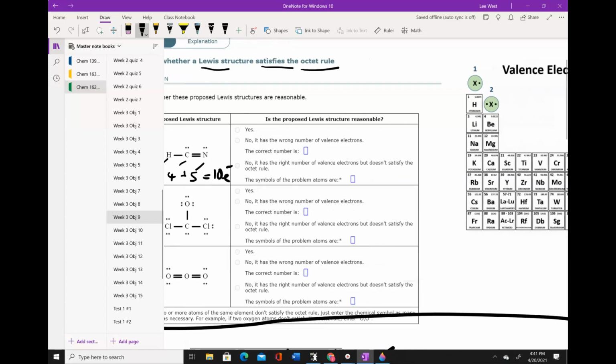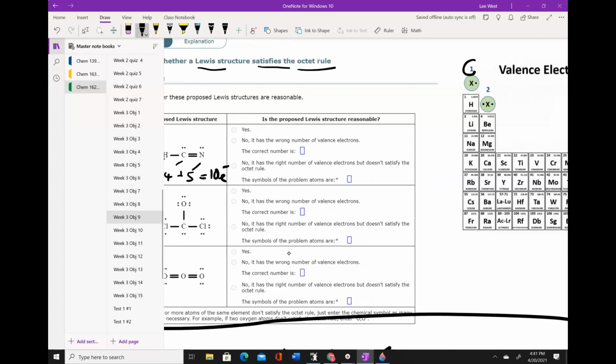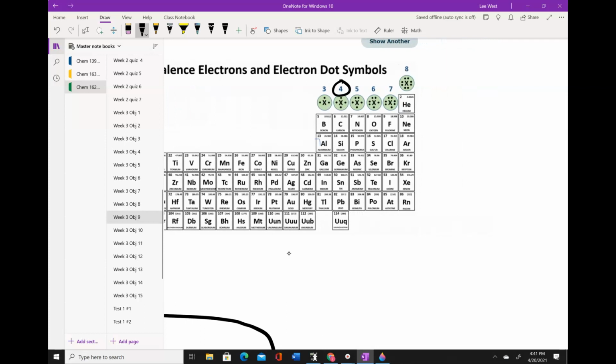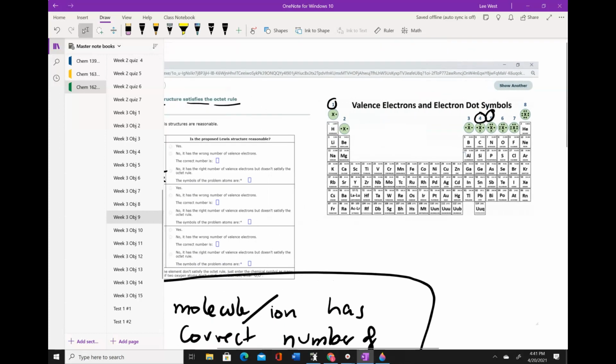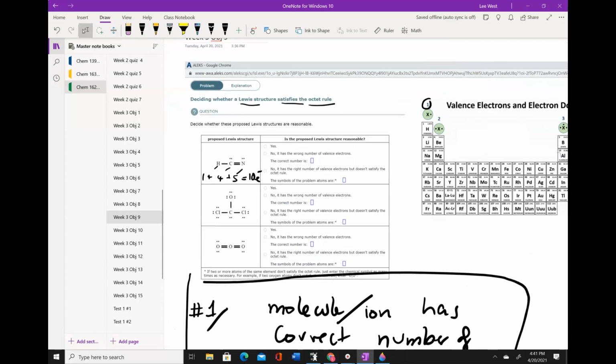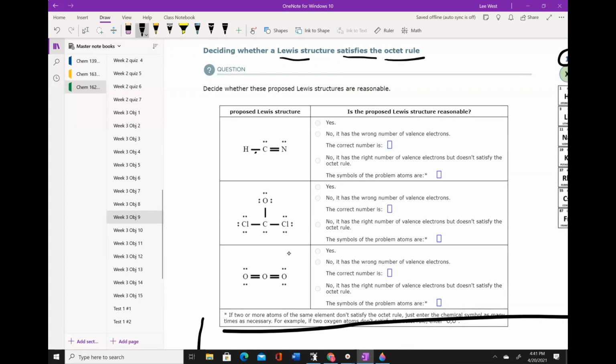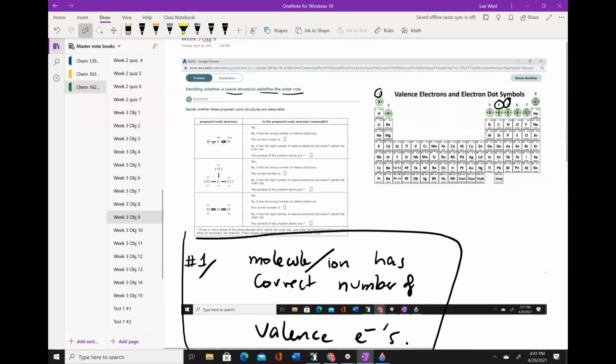How am I getting those numbers? Hydrogen's in group 1A, carbon's in group 4A, and nitrogen is in group 5A. So does it have 10 valence electrons? 2, 4, 6, 8, 10. It does, so it passes our first check.